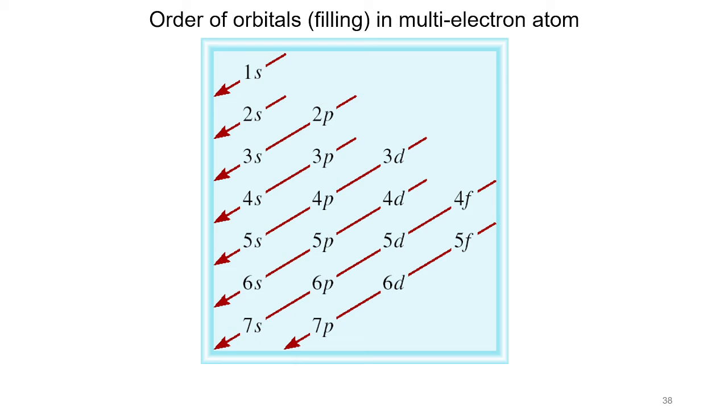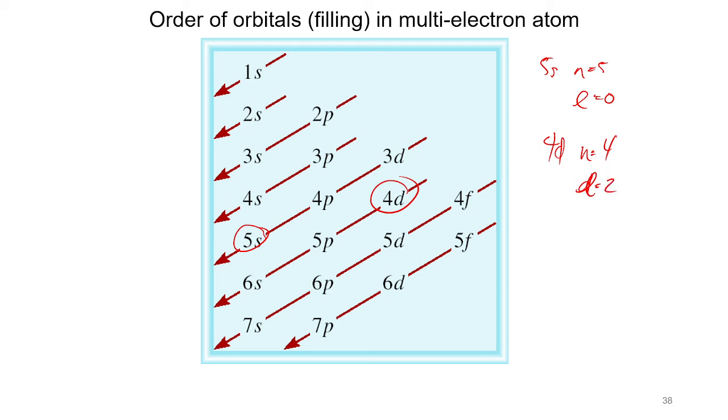Alright, so just like this, if we are to compare 5s and 4d, okay, again, for 5s, n is equal to 5, l is equal to 0, and for 4d, we have here n is equal to 4, and l is equal to 2, okay?